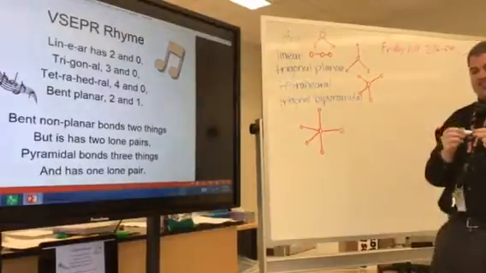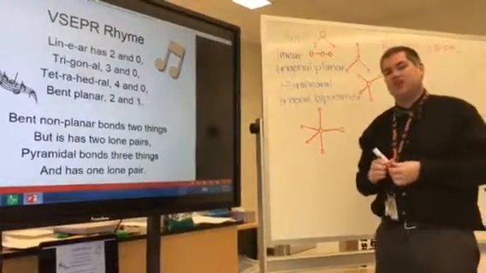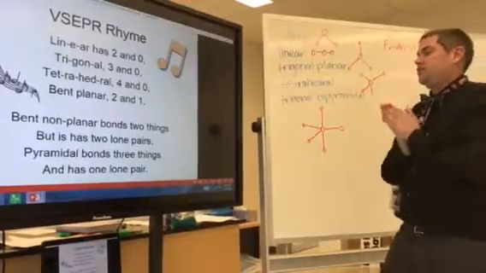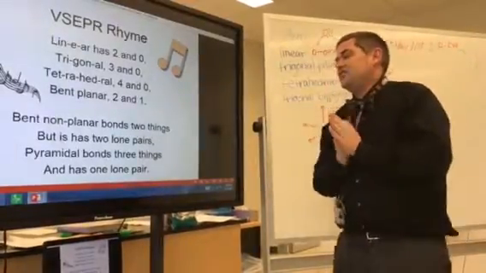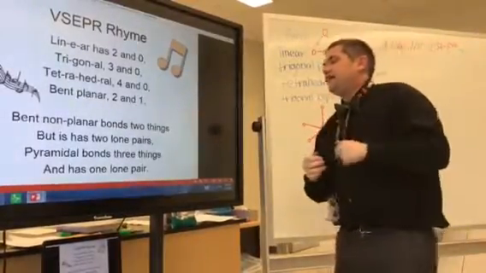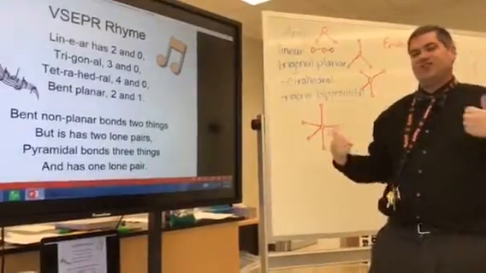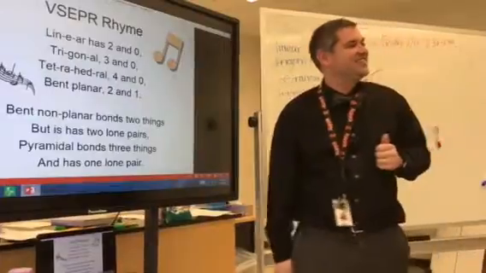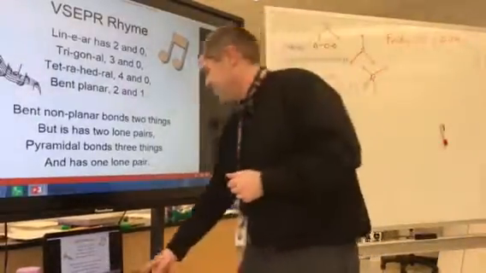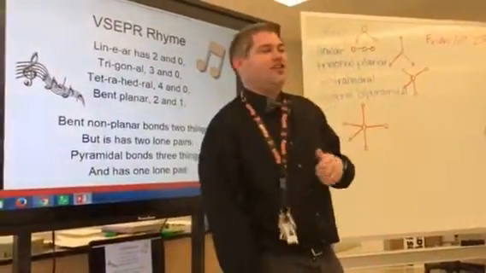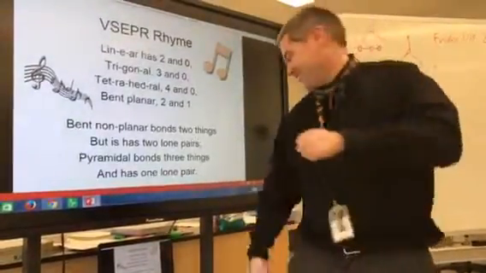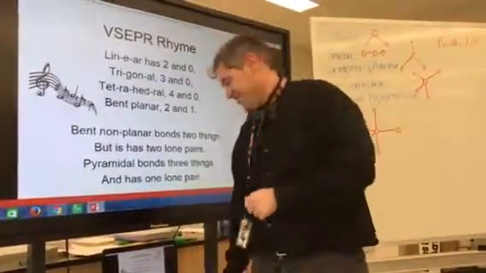So it actually has 3 things going on, but only 2 bonds. Bent, nonpolar bonds, 2 things, but it has 2 lone pairs. Pyramidal bonds, 3 things, and has 1 lone pair. You can memorize this song and sing it to yourself during the test if you need to. So, write down, are you going to sing the song or not? Answer me that question and turn that in.